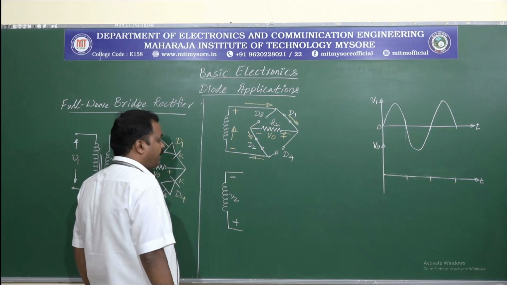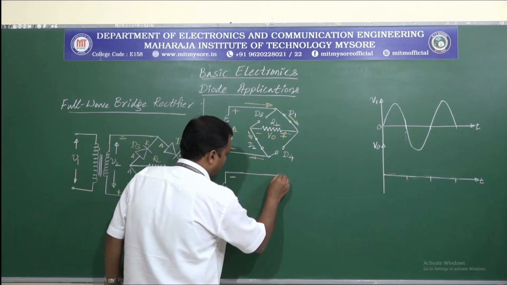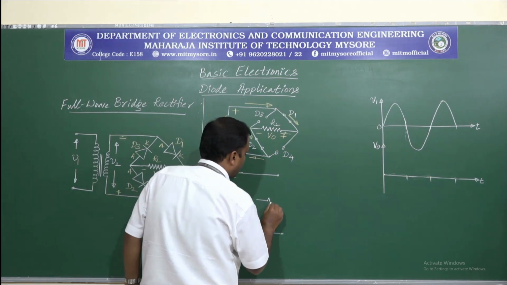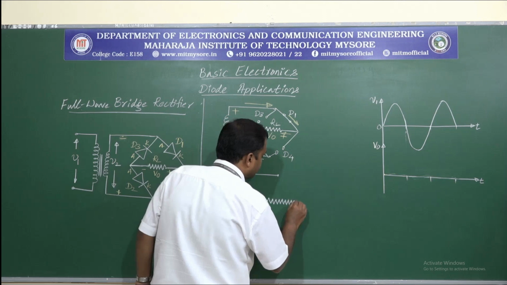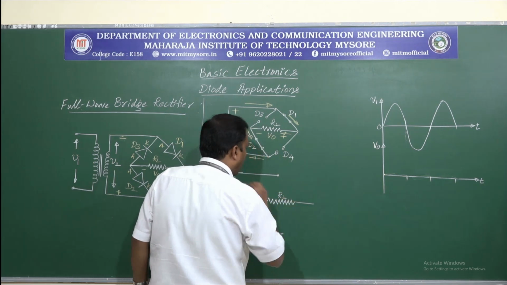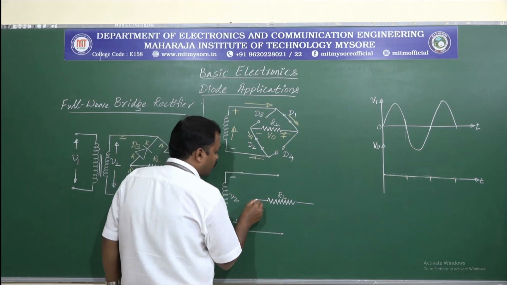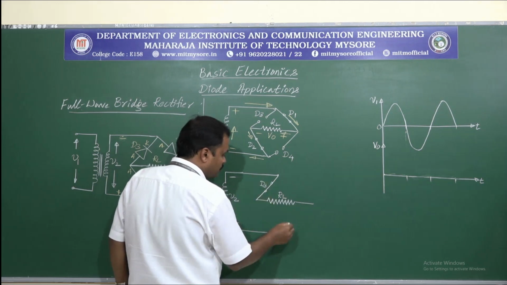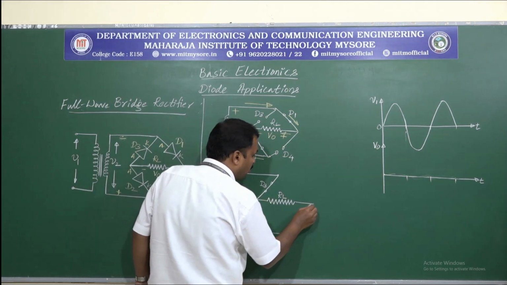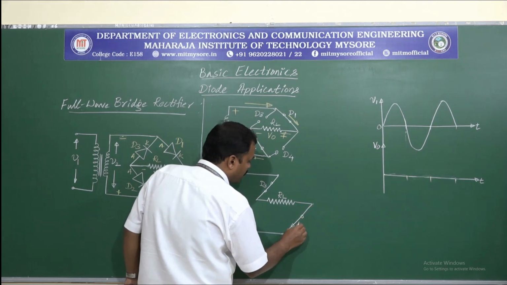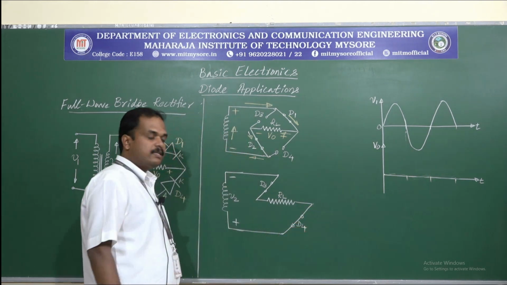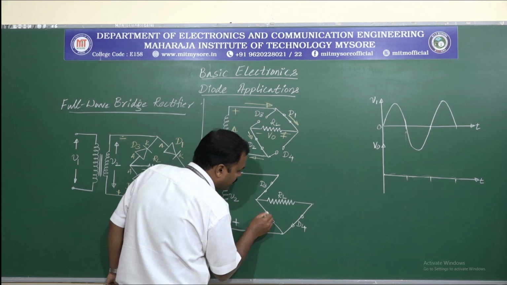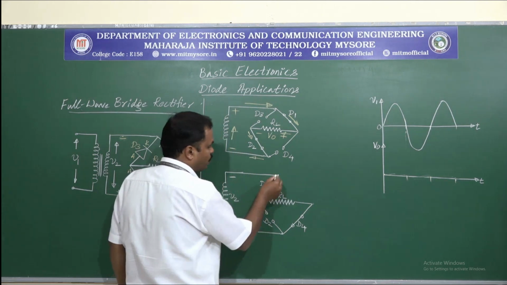Right, so this is the secondary voltage we have. This is RL, and here what we can see is the path of D3 which works as a closed switch, and this is the path of D4 again which works as a closed switch, whereas this is the path of D2 which works as an open switch.